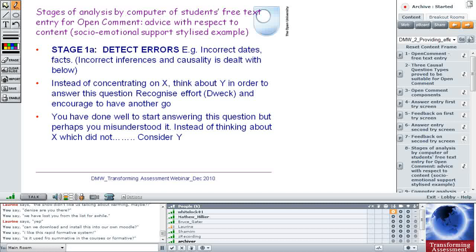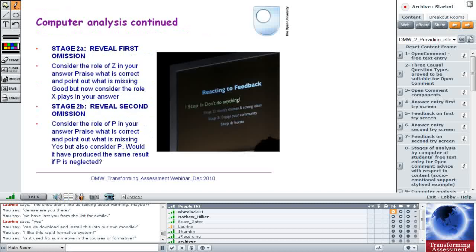So the first stage is to find out if there are any errors. The second stage is to look at omissions. So is there something missing? And then again to look to see if there's a second omission. So the idea is to detect errors, then look for omissions.